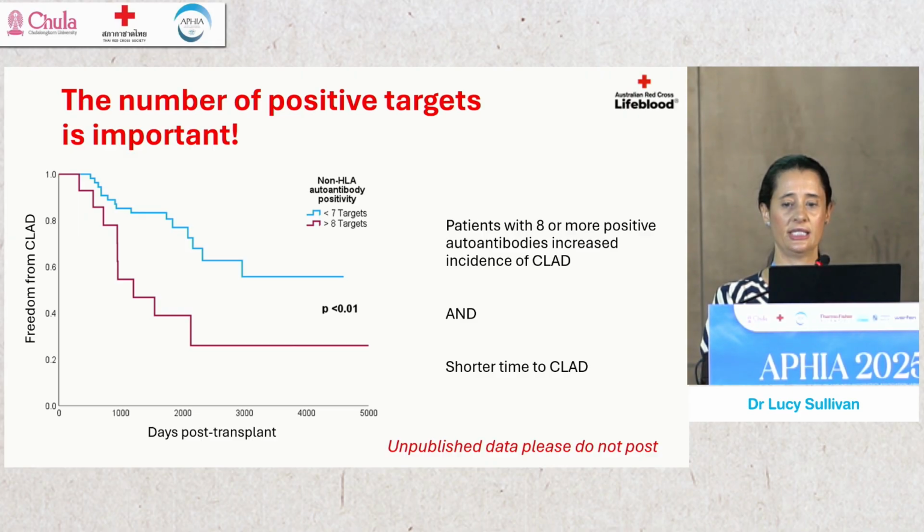So in this figure, we show the recipients free of CLAD on the y-axis and time post-transplant on the x-axis. We showed that when the cohort was separated into two groups, patients that had 8 or more positive antibodies had increased incidence of CLAD and a shorter time to CLAD. This is completely irrespective of what the target actually was.